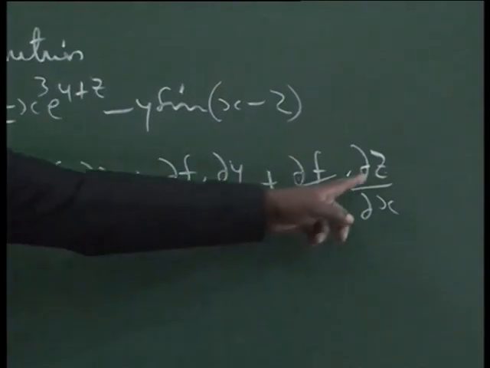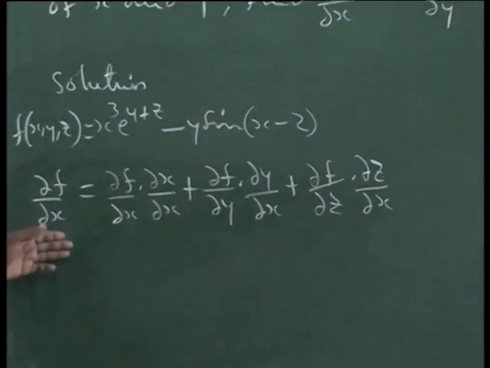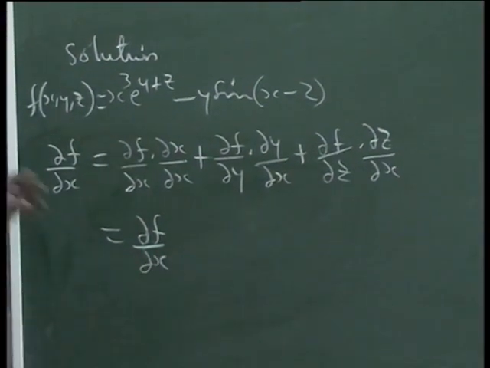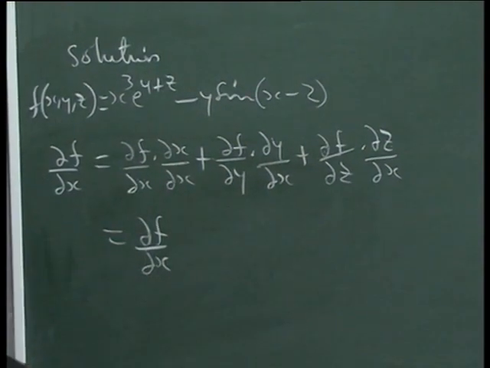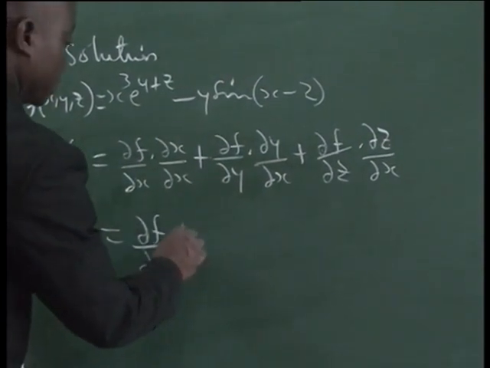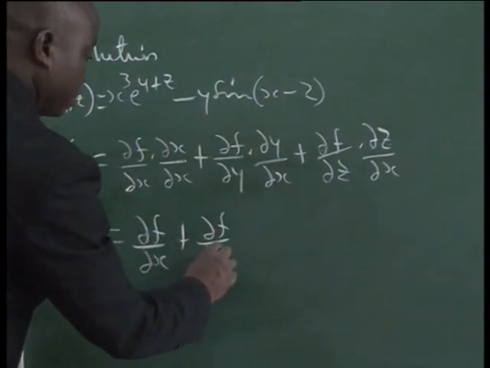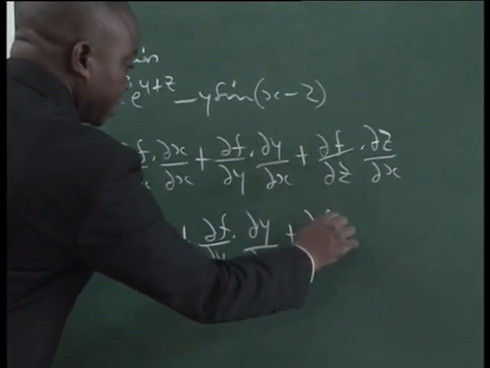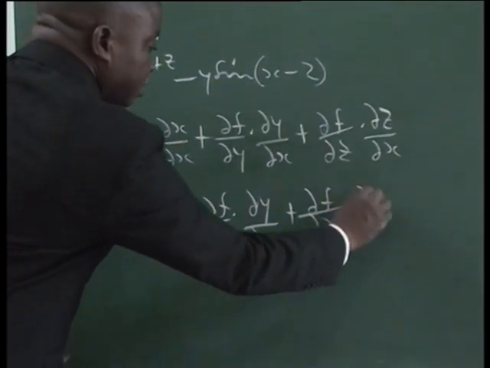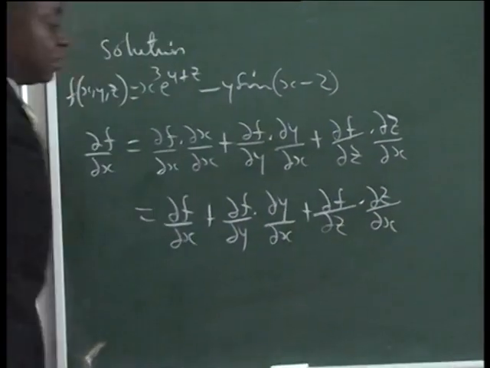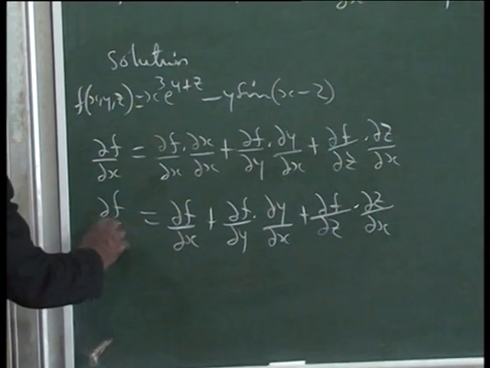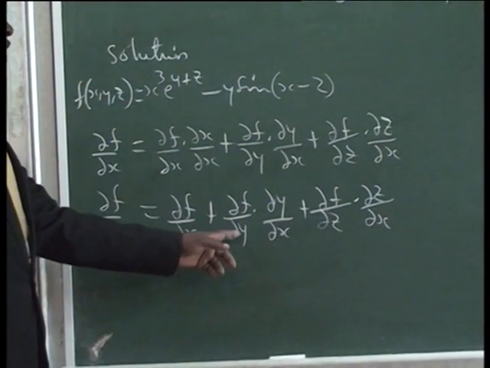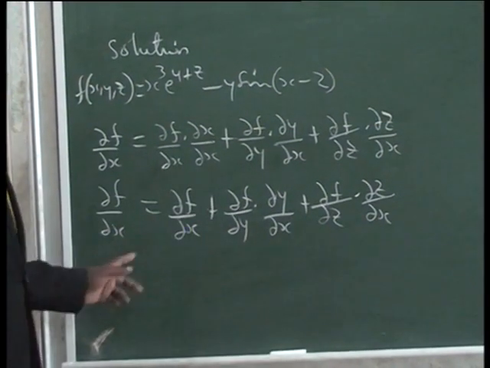And what we need is partial z, partial x. In this definition that we just finished, we know that we have partial f, partial x, because this can cancel this. So plus partial f, partial y times partial y, partial x, plus partial f, partial z times partial z, partial x. So partial f, partial x is this. And if we let partial f, partial y, we don't need y in this context, it will be 0, and this is 0.